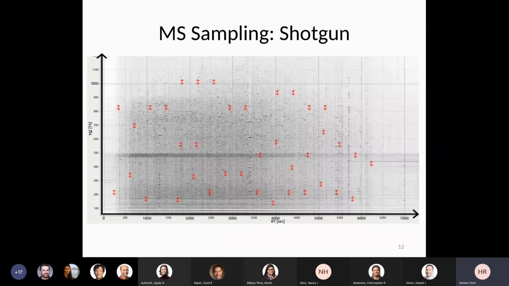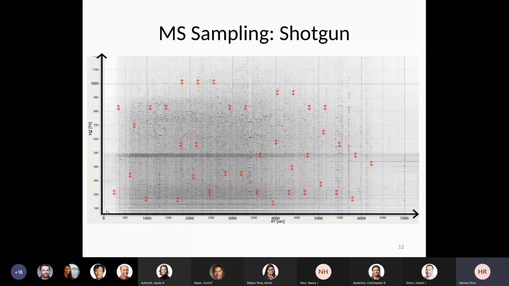And so the way we tried to approach this problem was, instead of using a data-dependent online algorithm to sample precursors, to divide this two-dimensional space into a grid, or into a set of pixels, with a number of pixels in the mass to charge dimension and a number of pixels in the retention time dimension.